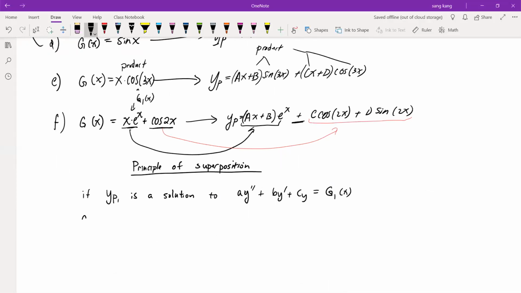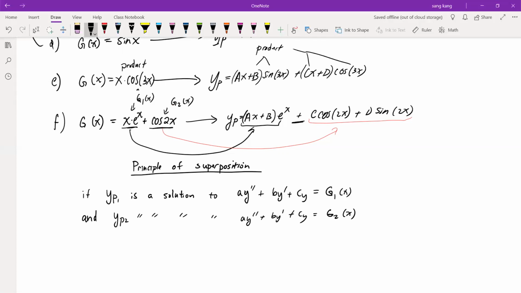And yp2 is a solution to a y double prime plus b y prime plus c y equals g2 as a function of x. So this would be my g2.